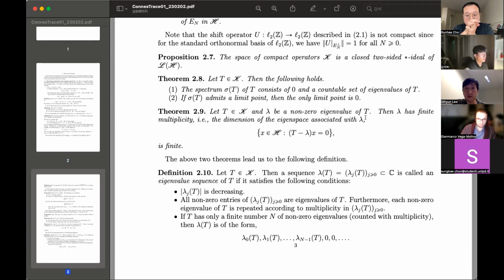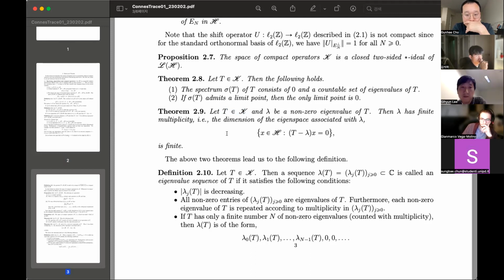It is also well known that all the non-zero spectrum of T, in the case of a compact operator, should be eigenvalues, and there is no eigenvalue with infinite multiplicity. All the non-zero eigenvalues should have finite multiplicity.